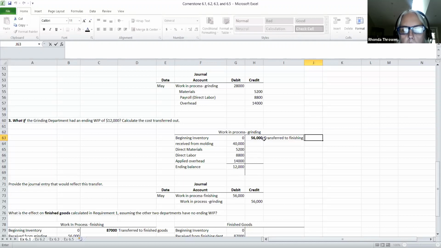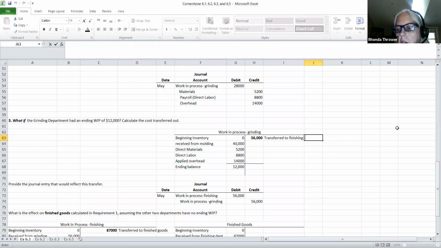The amount that was transferred out was $56,000, and that would go into the finishing department. The amount that's credited would be to the work in process grinding account. This $56,000 is going to come out of here. To credit it, we're reducing the work in process account.